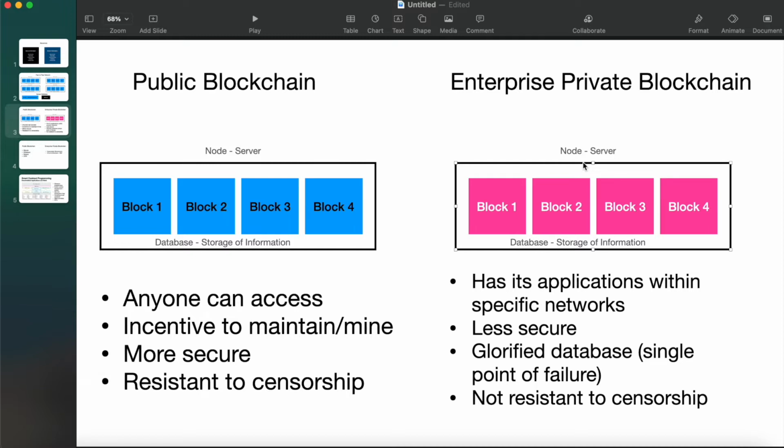So why would you want to do it? Why would you want to run a node if it's going to cost you as much money as it costs to run something like a blockchain node? The reason, and the incentive behind running public blockchains, and what has enabled public blockchains to be as successful as they are, is the rewards.